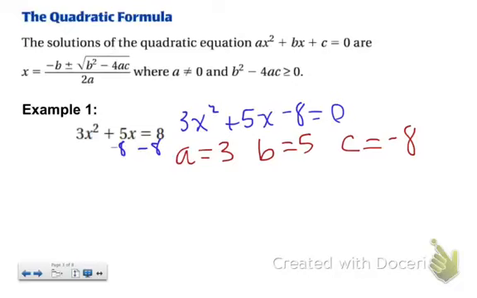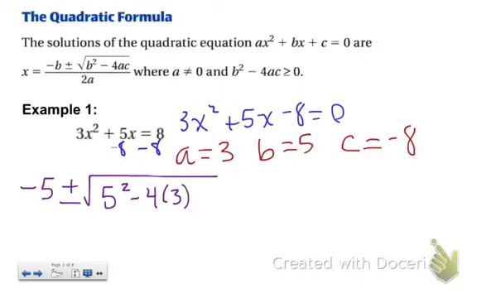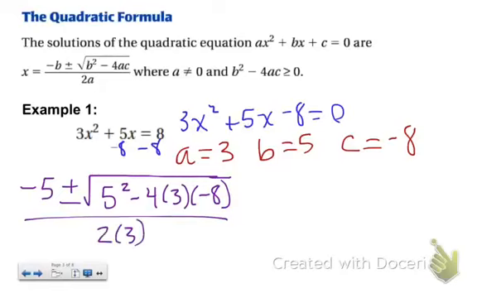Okay, so now I'm just going to plug it into my formula. So I get negative 5 plus or minus the square root of 5 squared minus 4 times 3 times negative 8 all over 2 times 3.